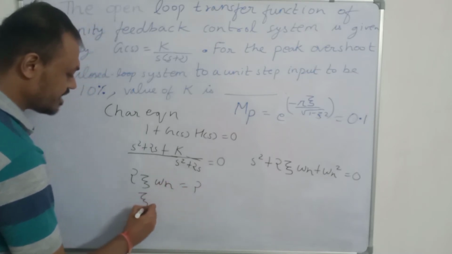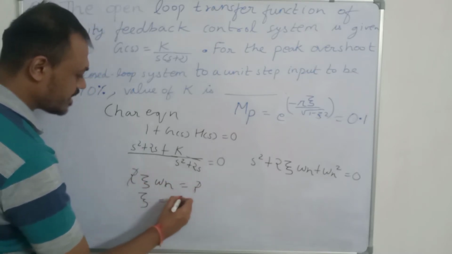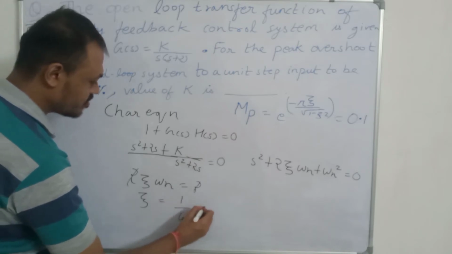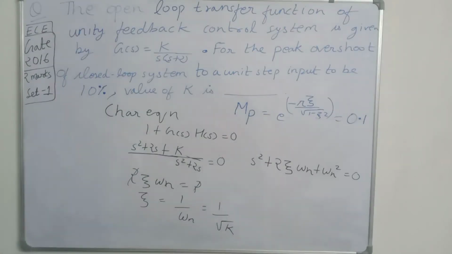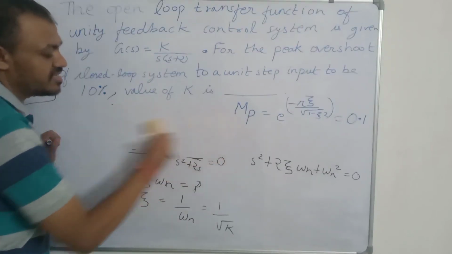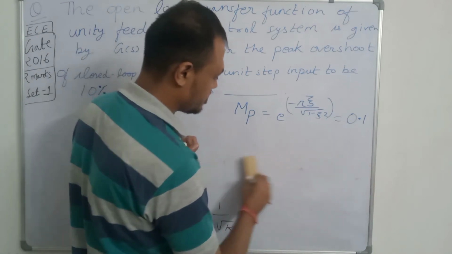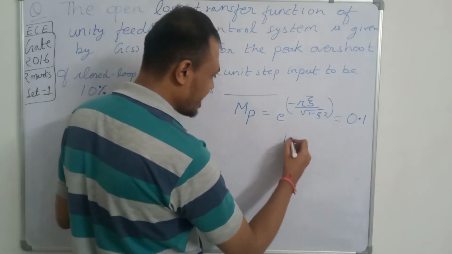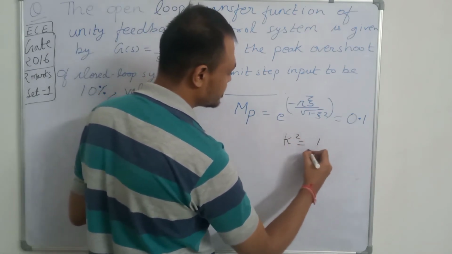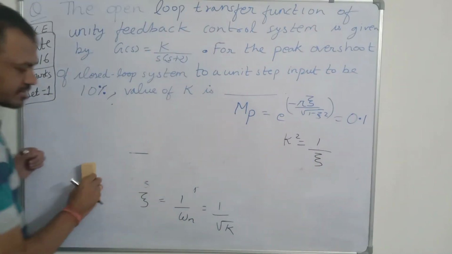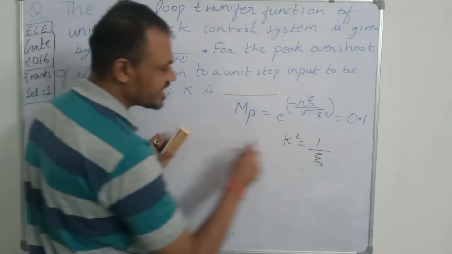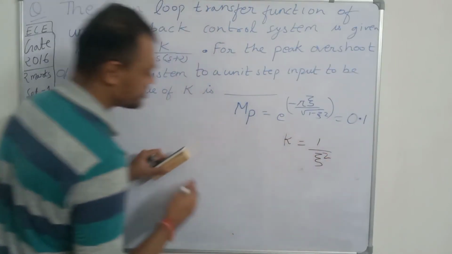So ζ = 1/ωn, so ζ = 1/√K. We have found that ζ = 1/√K, or we can say K = 1/ζ².